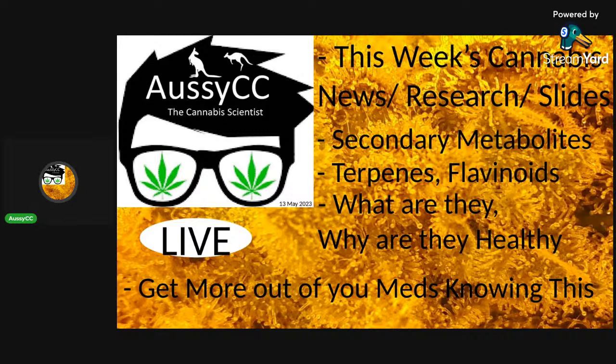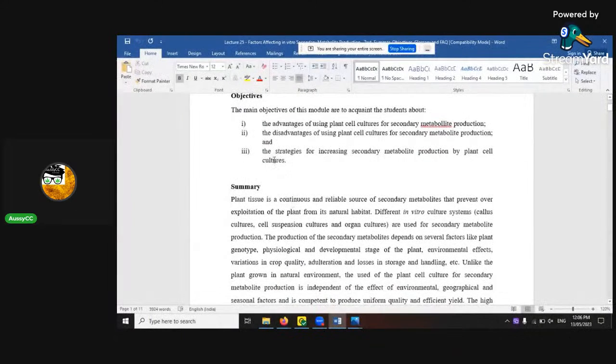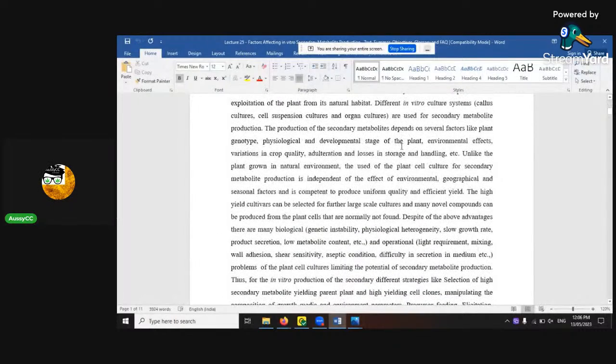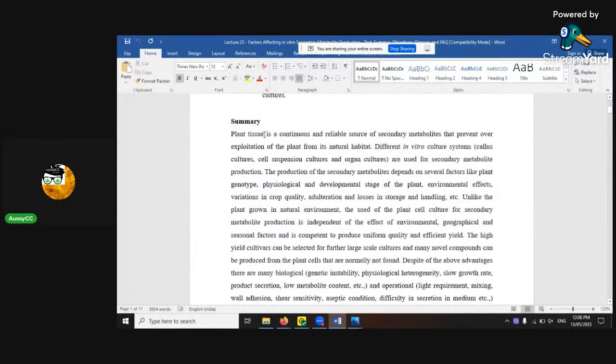Oh yeah, look, there is. I've got a Word document down here, which was a good conclusion. Plant tissue is a continuous and reliable source of secondary metabolites that prevent overexploitation of plant from its natural habitat.